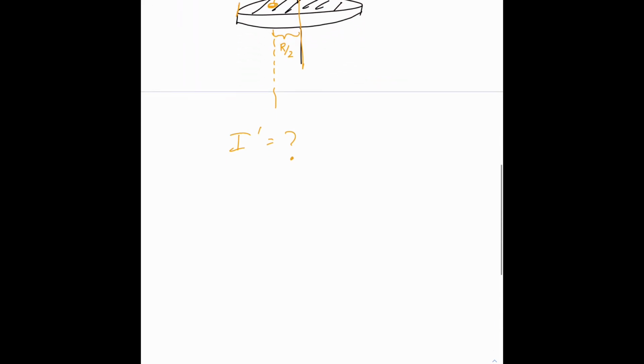The parallel axis theorem tells us that the new rotational inertia is equal to the original rotational inertia plus the mass of the object times the distance by which you've shifted the axis squared. So what was the original rotational inertia? I believe when a solid disk has an axis passing through its center, that gives us a rotational inertia of 1/2 mr squared.